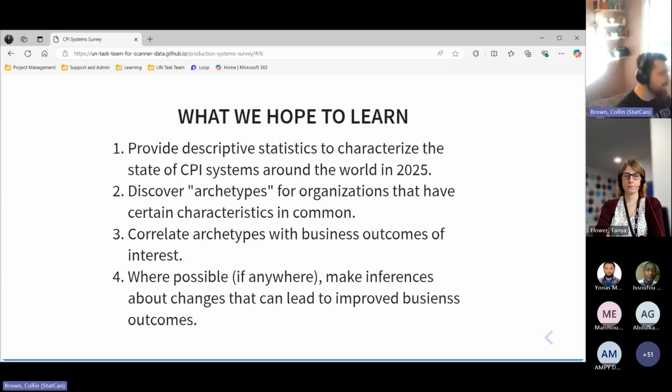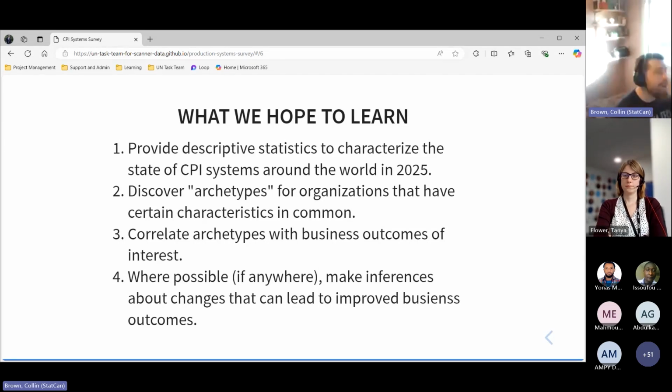The second thing we're hoping to do is create what we're calling archetypes for organizations that have traits in common. For example, there might be one archetype where relatively small countries have quite a small team and their system organization is a bit more centralized, whereas larger countries have multiple teams and a central IT team.